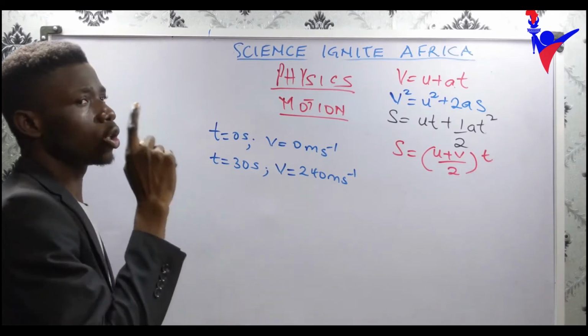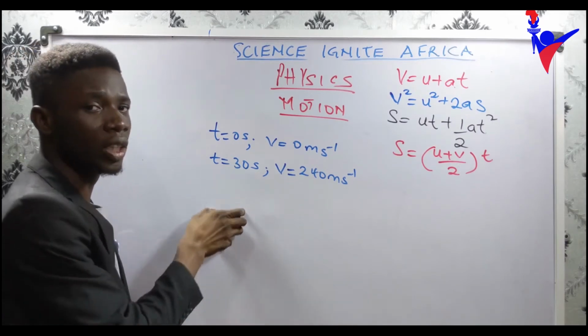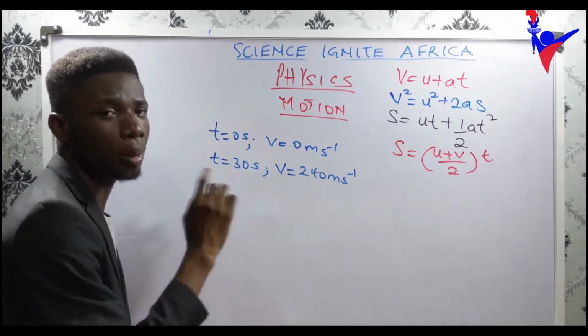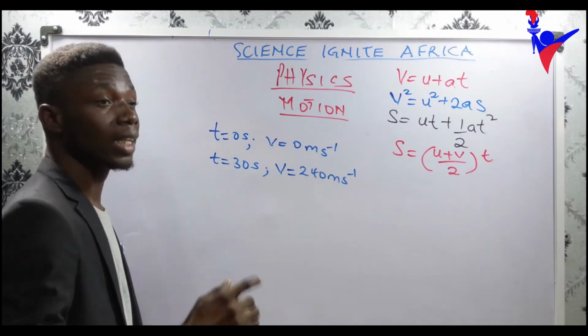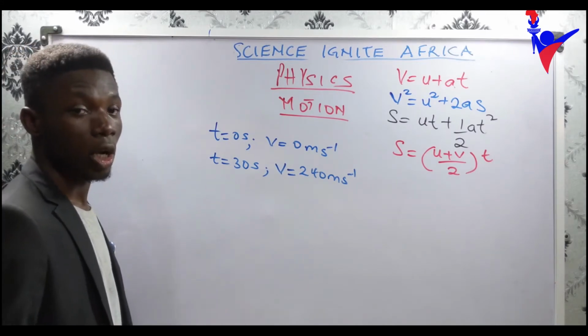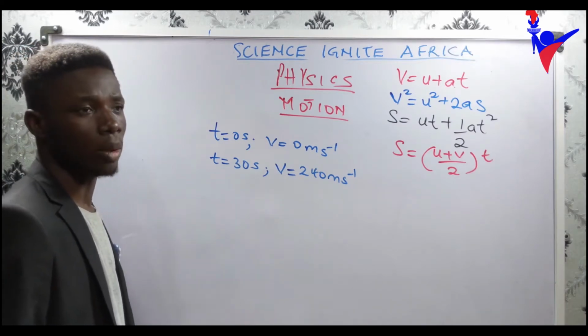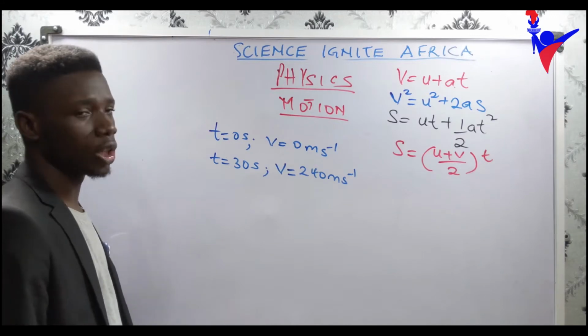So definitely what will happen is that as the time increases, the velocity will drop. Because I already said that acceleration deals with increment in velocity with respect to time. But deceleration deals with what? Decrement in velocity with time. So let's see how that works.